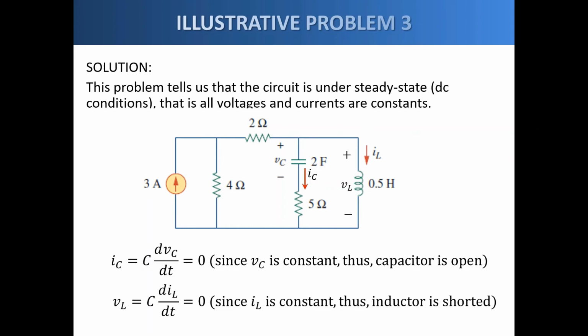If the current through the inductor is a constant, dI_L/dt is 0, and therefore the voltage across the inductor is 0, which means that the inductor is acting like a short circuit. For the capacitor, since there's no current, the capacitor is acting like an open circuit.